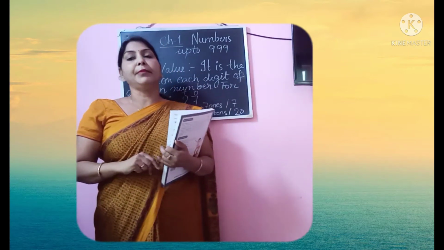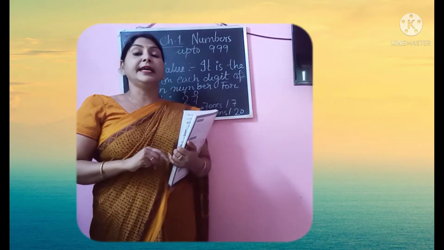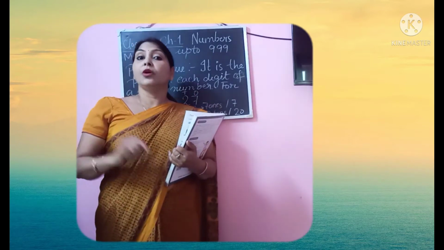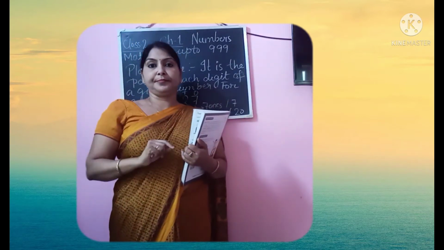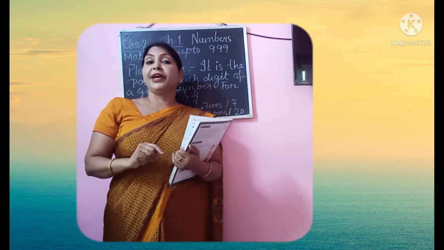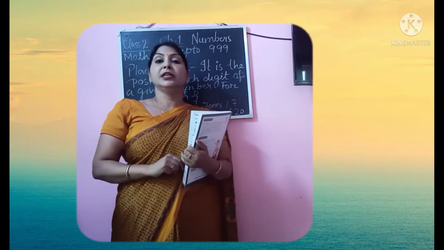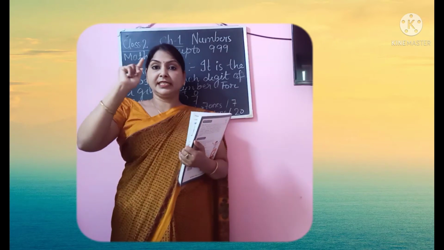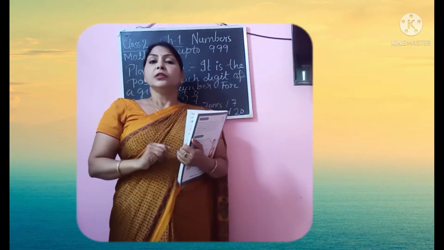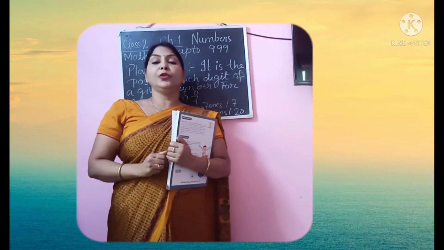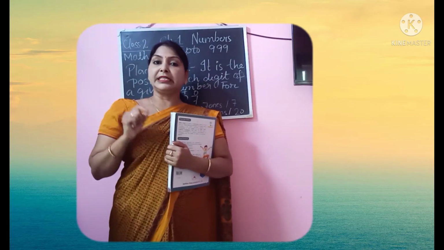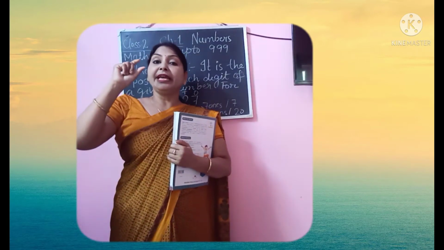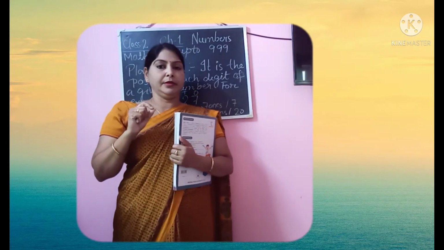When we write any number in two digits, then what are the place values? Ones and tens. If we write any number in three digits, then what are the place values? Ones, tens and hundreds. So what do we understand by place value? Place value is the position of each digit in a number.